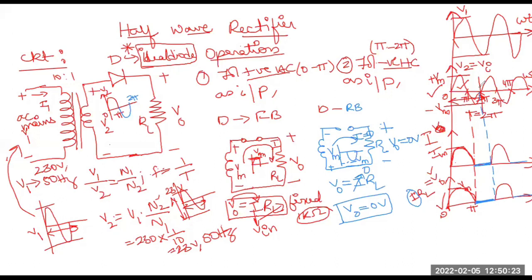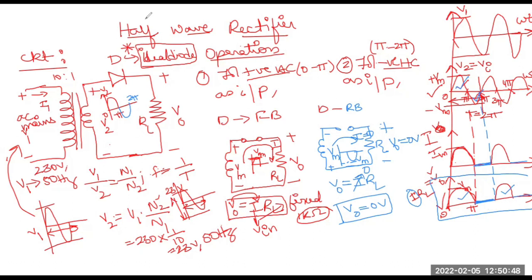Now, your input cycle has both the half cycles, right? Your input has both positive half cycle as well as negative half cycle. But what do you see in the final output waveform? You see the presence of only the positive half cycle. What happened to the negative half cycle? It got clipped, isn't it?